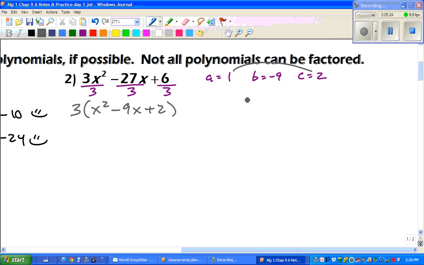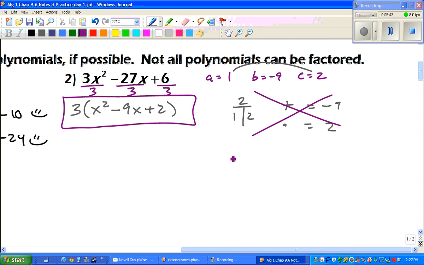I want to know the numbers that multiply to get to 2, which is 1 and 2. So I want numbers that add to get to negative 9 and multiply to get to 2. And from here, there's no other numbers that can do that. So our answer is the 3 times the parentheses x squared minus 9x plus 2.